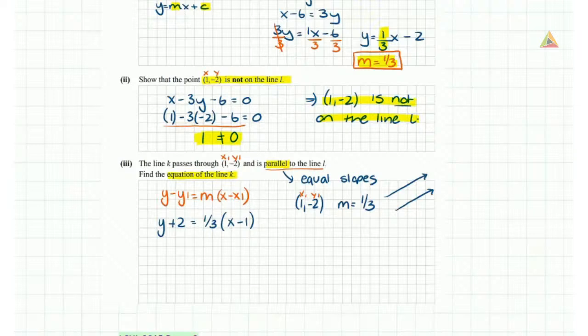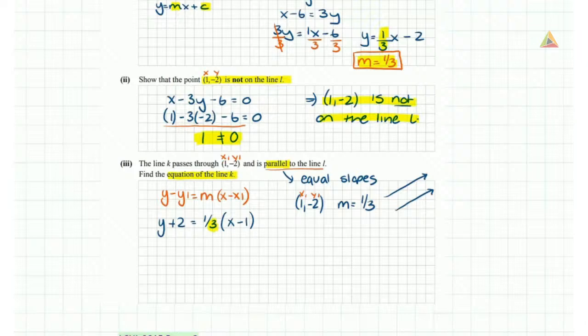And at this stage, we're going to multiply out the brackets. But before we do, a nice little trick here. If you have a fractional slope, a nice little trick is to take that 3, and because the 3 is on the bottom, you multiply across by 3. So you multiply the whole thing, everything, by 3.